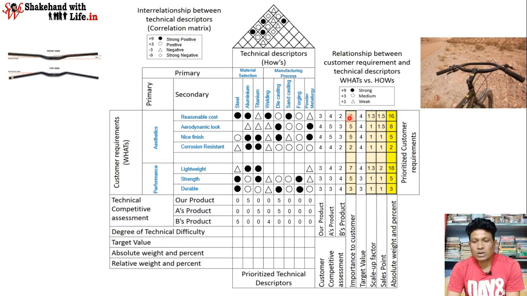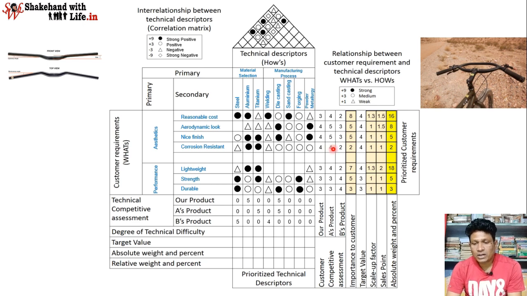So here we have, for reasonable cost it is 8 multiplied by 1.3 multiplied by 1.5, which comes out to approximately 16. Then for aerodynamic look it is 5 multiplied by 1 multiplied by 1.5, which comes out as 8. Then we have nice finish, 5 multiplied by 1 multiplied by 1, again 5.